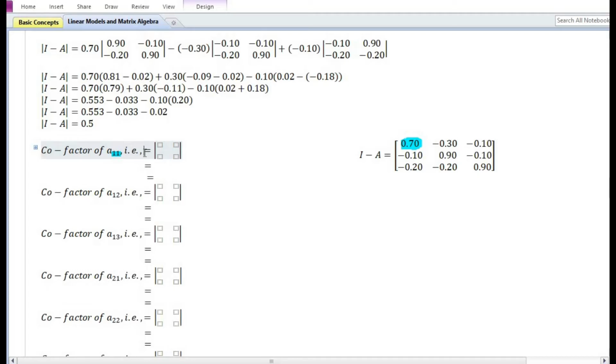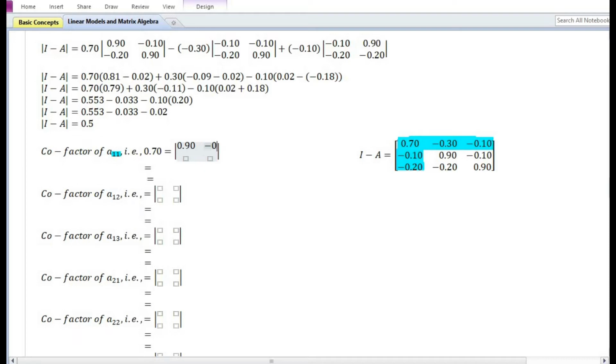Cofactor of A11, that is 0.70. Now let us check its positional sign. 1 plus 1 equals 2. 2 is an even number, so we have positive sign. Deleting the row and the column, we have 0.90, minus 0.10, minus 0.20, 0.90.